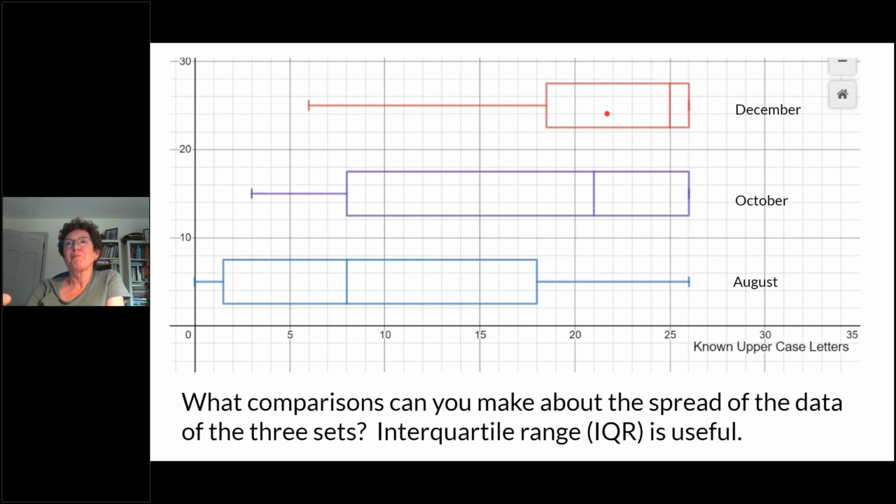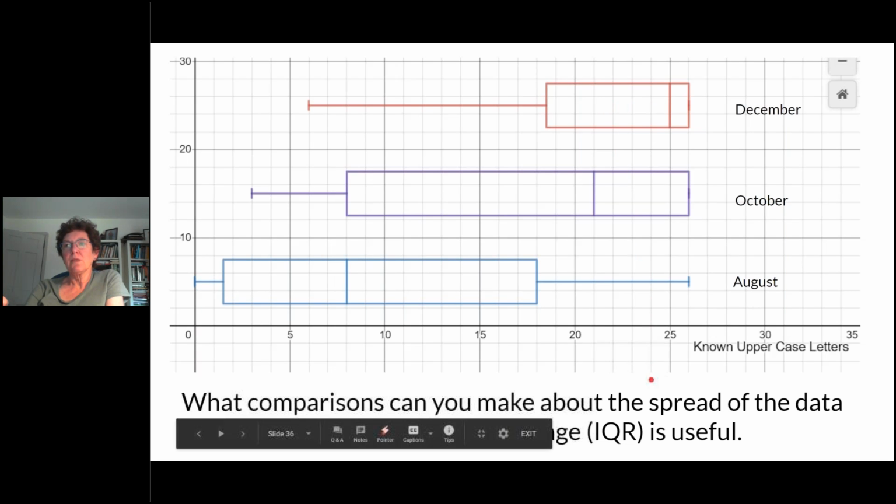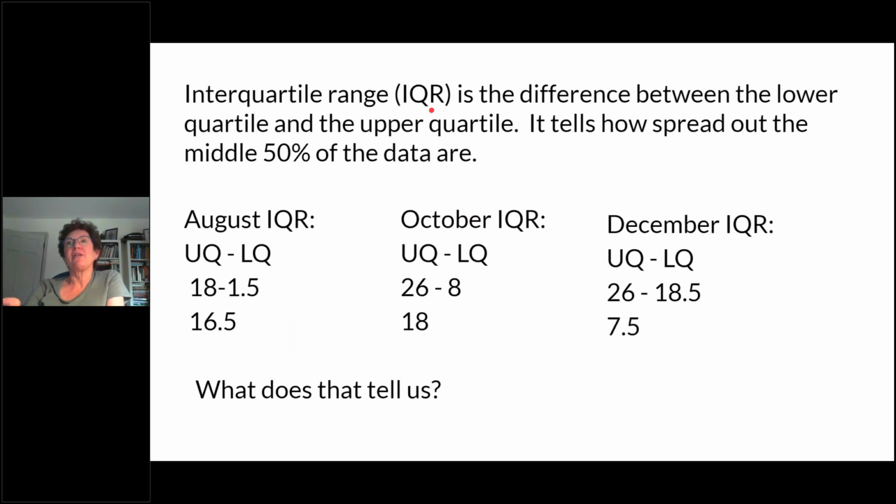Well, how do we know? Here's how you compute the interquartile range. It's the difference between the lower quartile and the upper quartile. So it's telling me how spread out the middle 50% of the data are. Let's go back and look at that again.